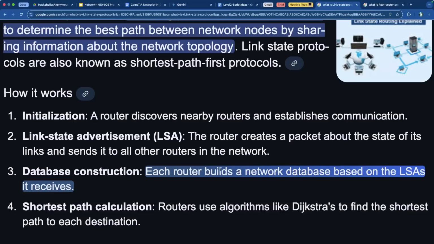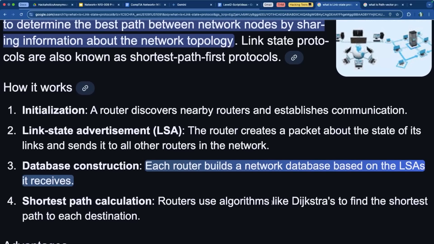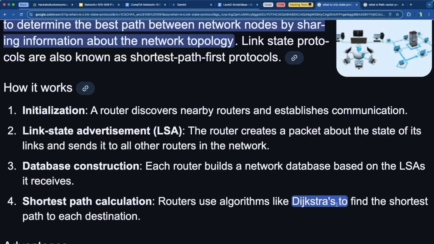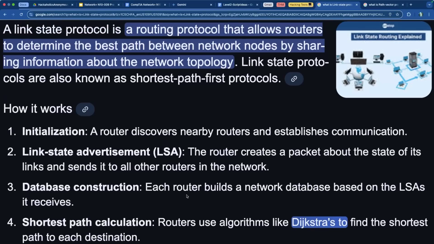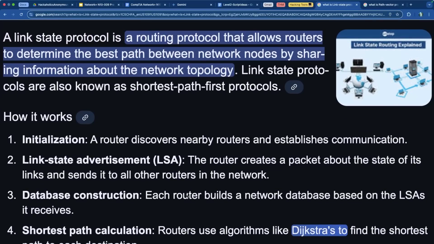Based on the table that it has, it can determine the shortest path it can possibly take, and it uses algorithms like Dijkstra to find that shortest path. So this is what our link state protocol is.